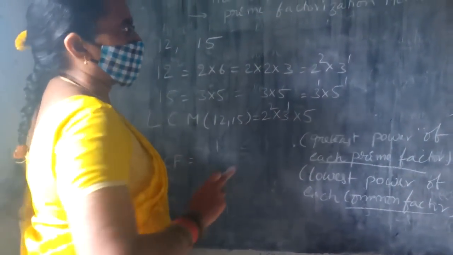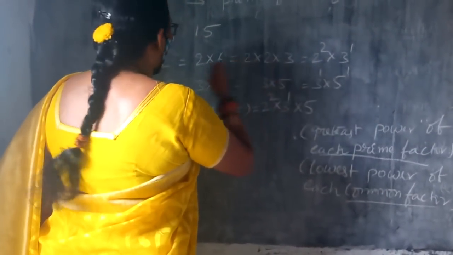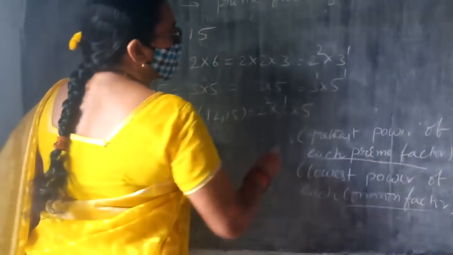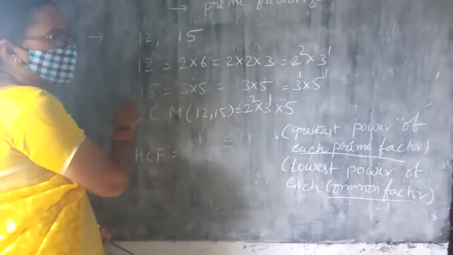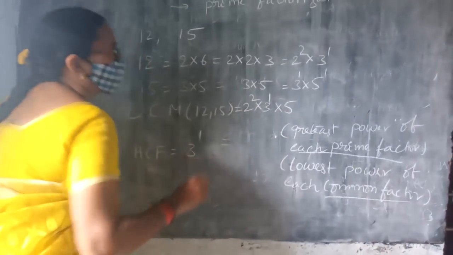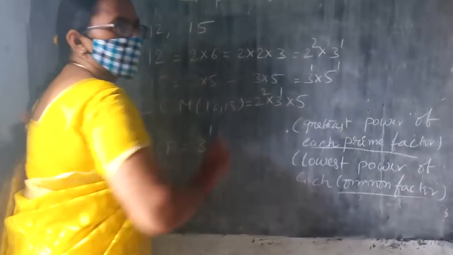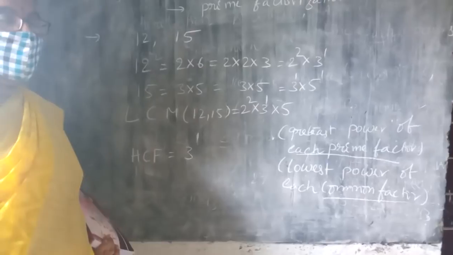Common factor means the prime number which is in both numbers. So, what is the common prime factor of 12 and 15? 3. What is the lowest power of 3? 3 power 1.